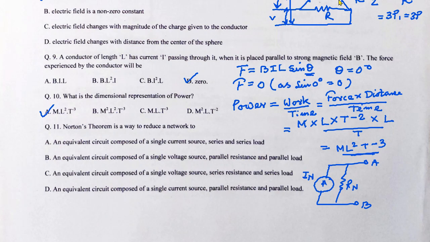So the option which is depicting this, that will be our correct answer. Here you can see that option D is basically the same as the situation represented here. An equivalent circuit composed of a single current source, parallel resistance and parallel load, because here you are going to connect the load. Okay, so option D here is the correct answer.